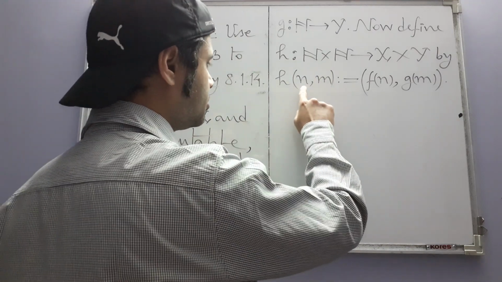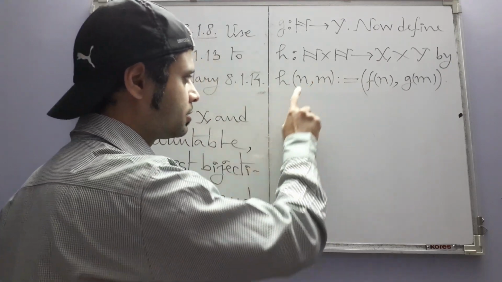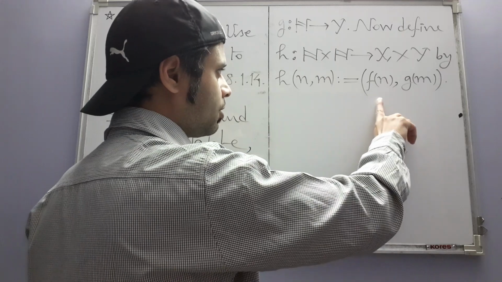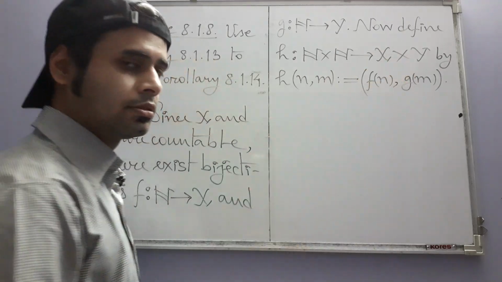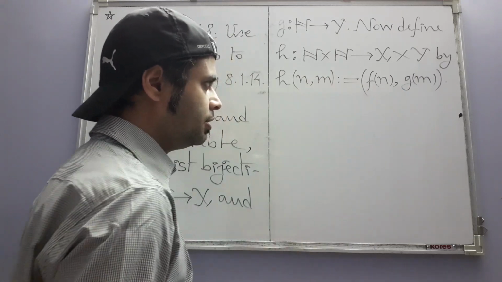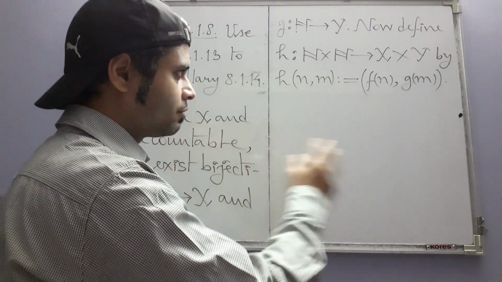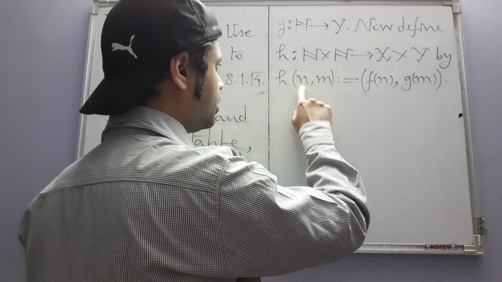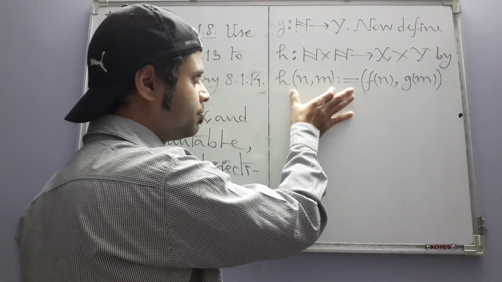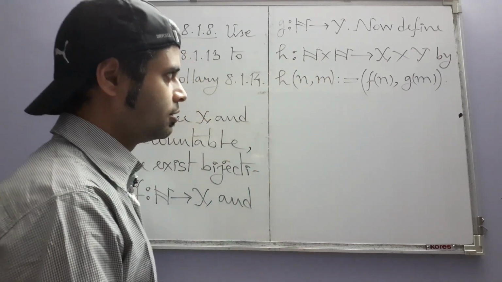So like before, say this is your input. Input is an ordered pair of natural numbers (n, m). Does the output first of all belong to the second set? And the second thing is, is the output unique for the given input? In this case, it's easy to see both of them at once. So (n, m) is given means this ordered pair uniquely determines its first coordinate as well as second coordinate.